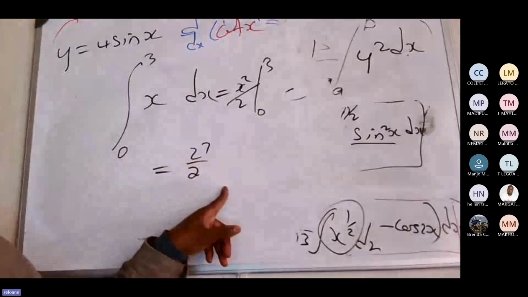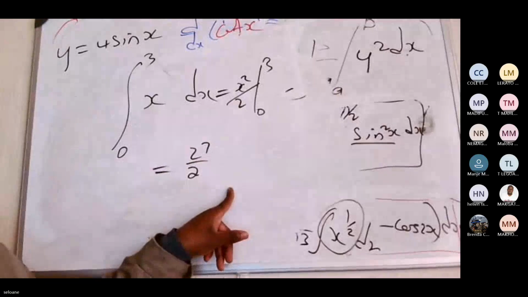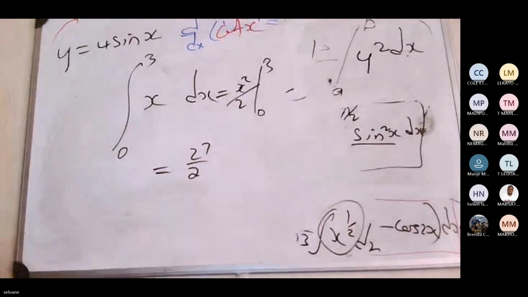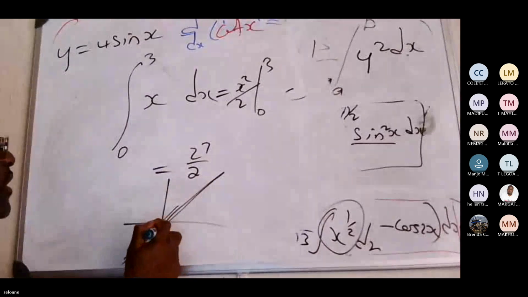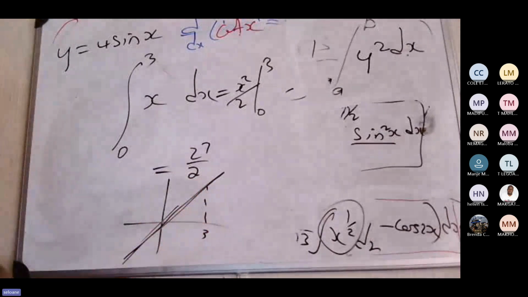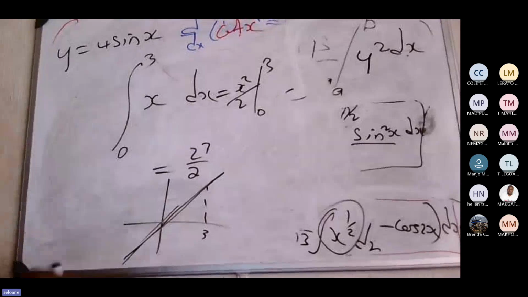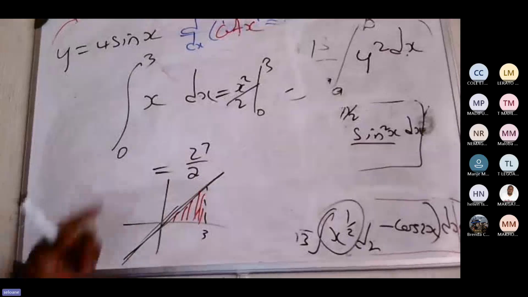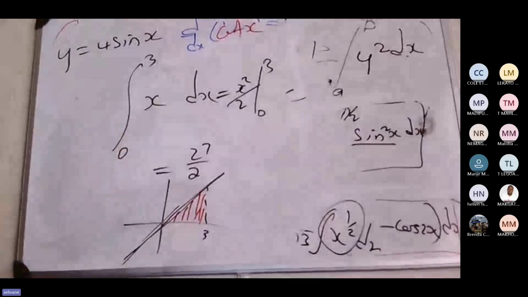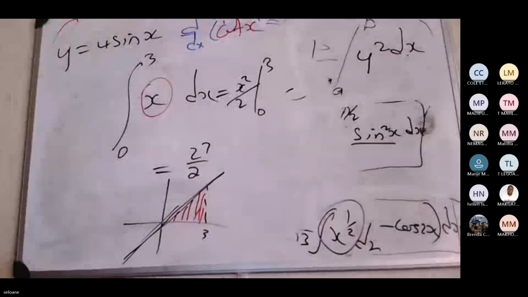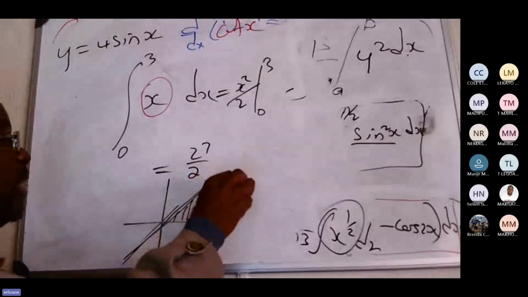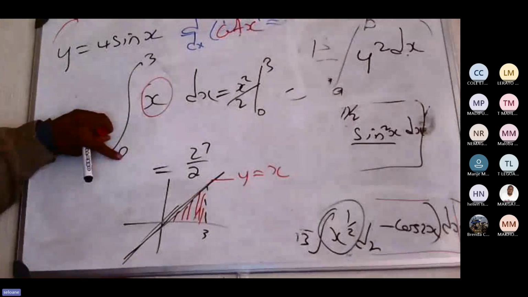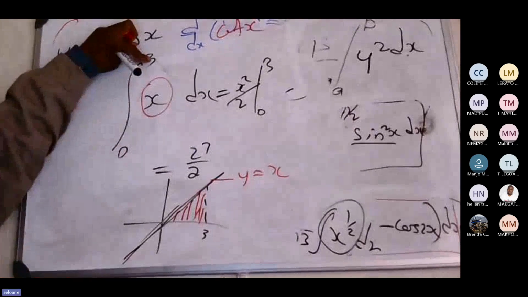Don't forget, this is the area of this. It will be this. From 0 here up to 3. This is the area of the region enclosed by y equal to x, from x equal to 0 up to x equal to 3.